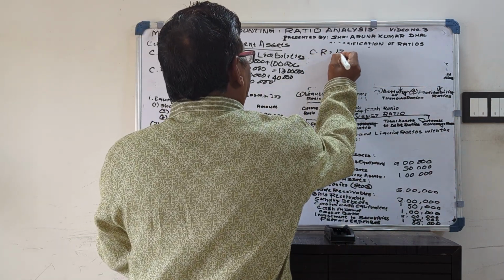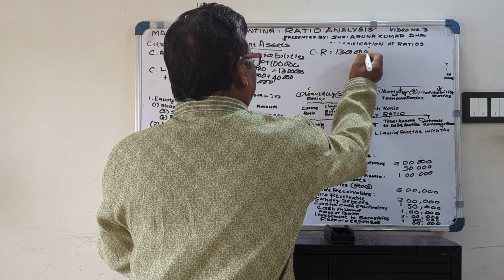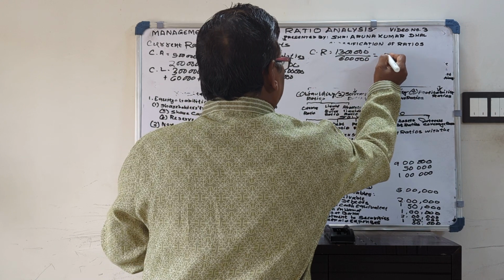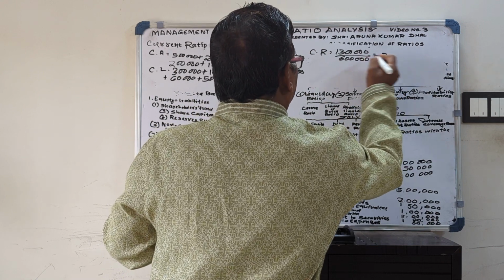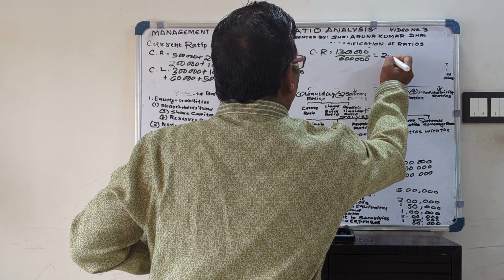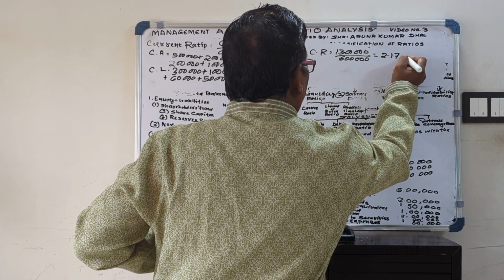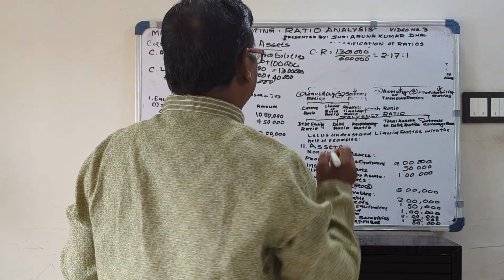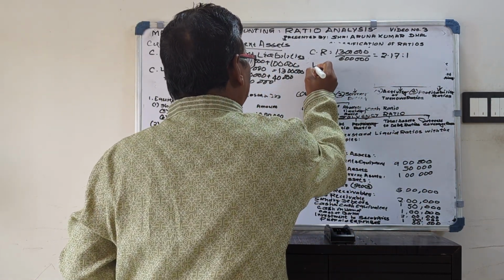Here it is 13 lakhs divided by 6 lakhs, so it is 2.17:1.